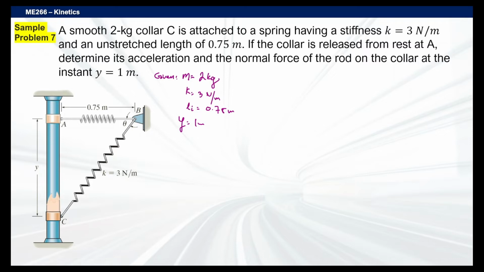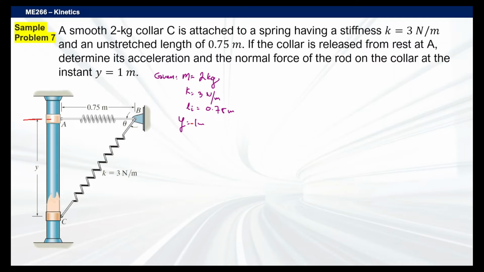Then begin establishing your equations of motion or kinematic equations, or vice versa. In this case, I should have included already that y equals negative 1 meter. This is negative here just to indicate that it's dropped. This is the reference line, meaning anything below it should be negative.